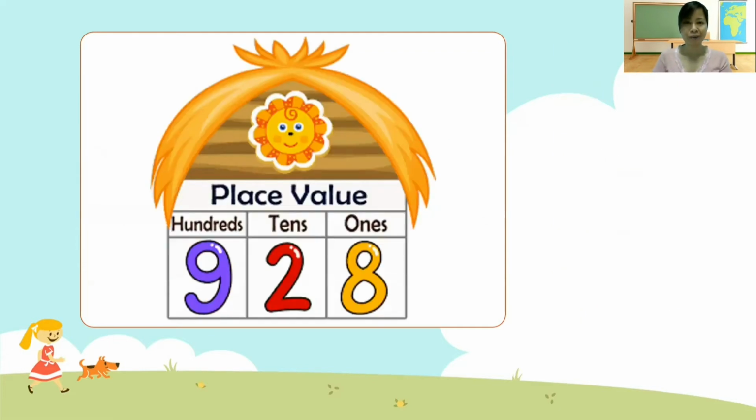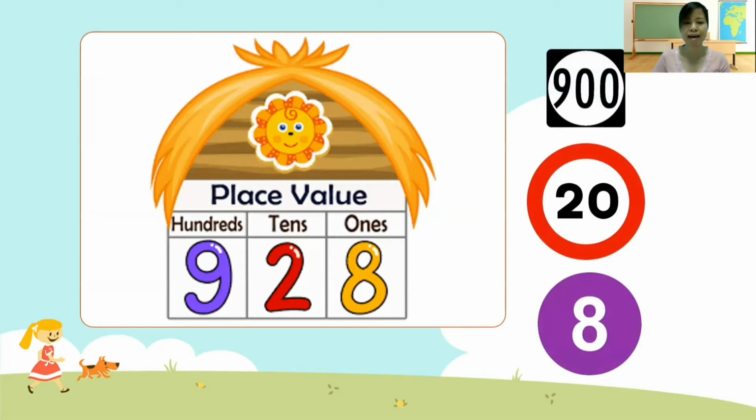We're done with our Arabic numerals and now we are going to proceed to place value, where we are going to talk about the place of each number or digit and its value according to its place.